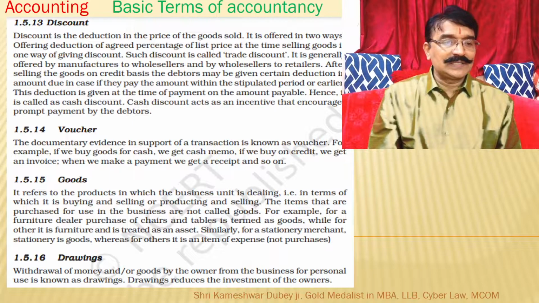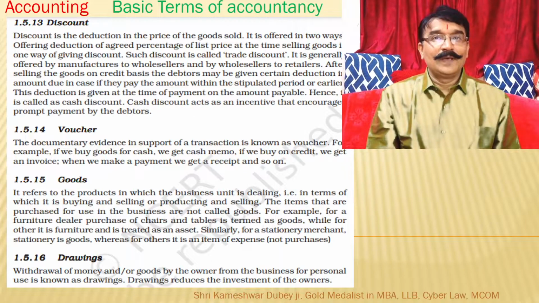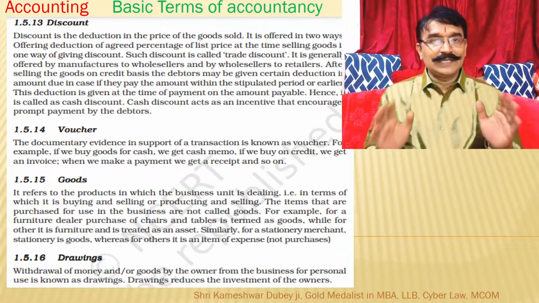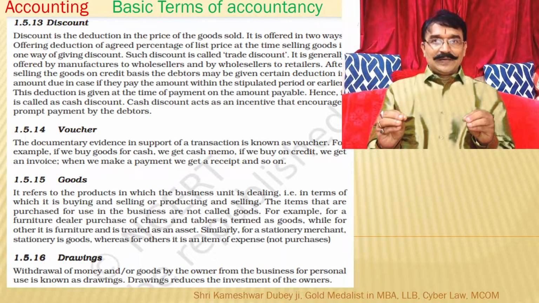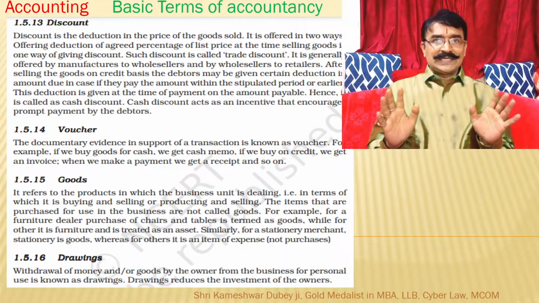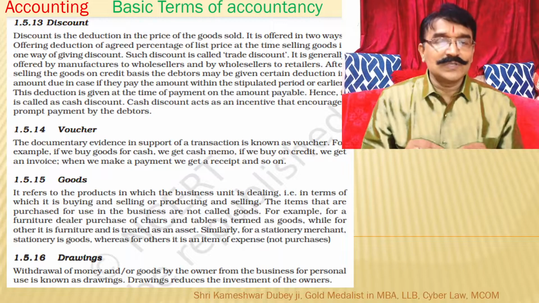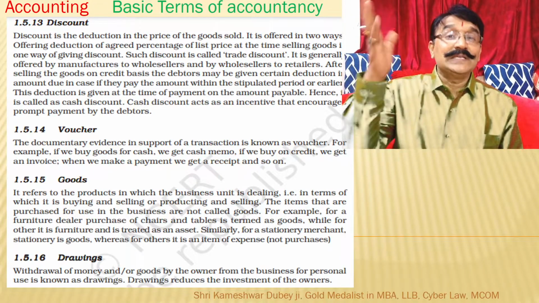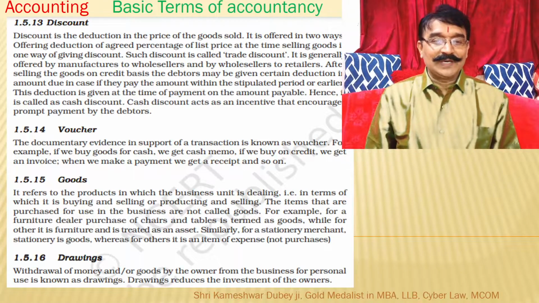While for others, furniture is treated as an asset. If we are purchasing furniture for use, that is an asset. If we are purchasing an almirah for use, that is our asset. If we are purchasing a house to use, that is an asset. If we are purchasing the house for reselling, that is goods. So we have to understand it in this way.